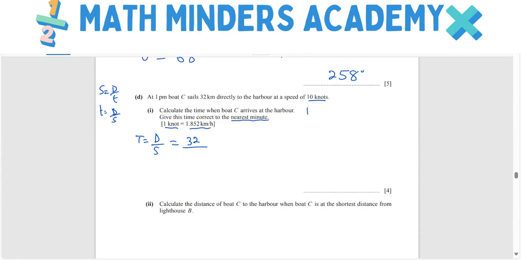We are told that 1 knot equals 1.852. If you multiply both sides by 10, this is 10 times 1.852, which is 18.52. So this is 32 over 18.52.